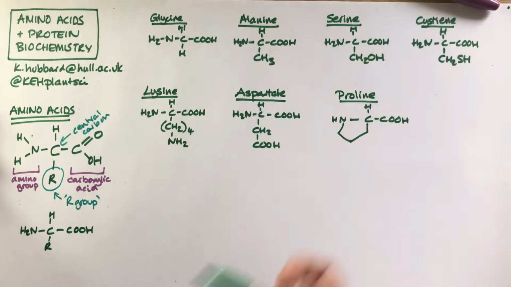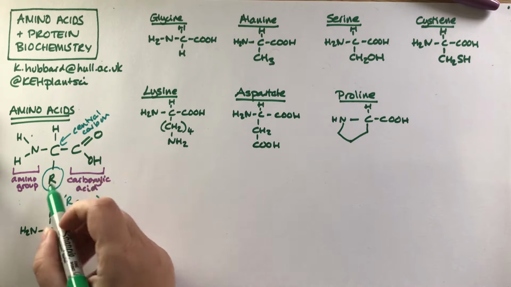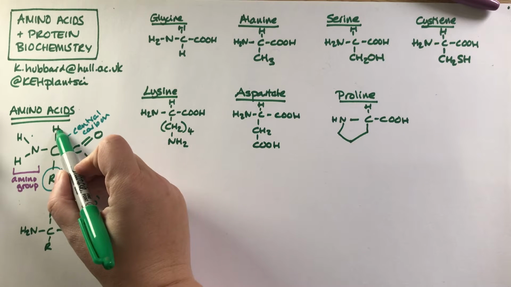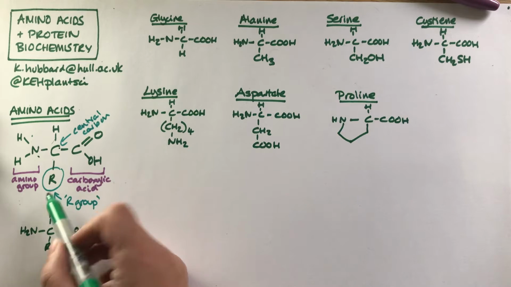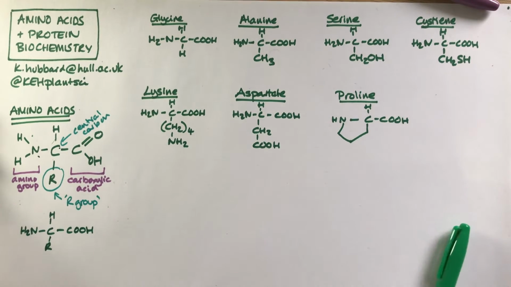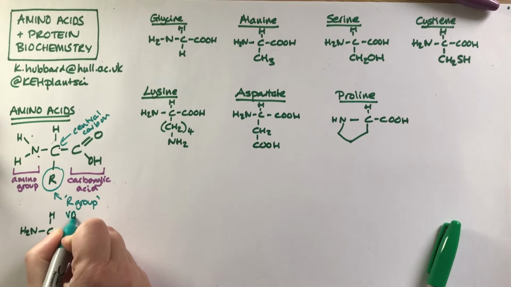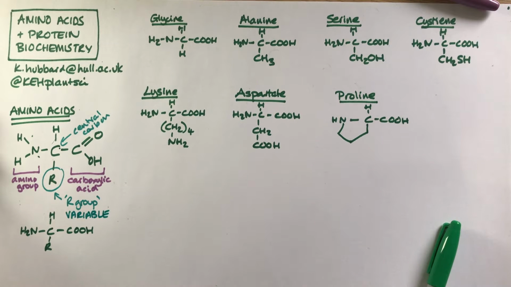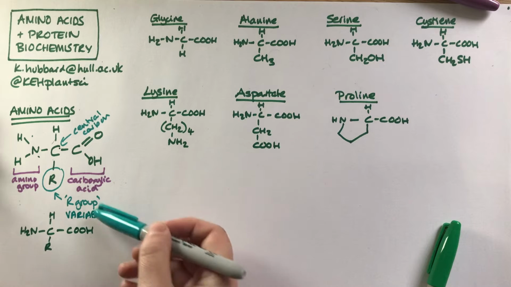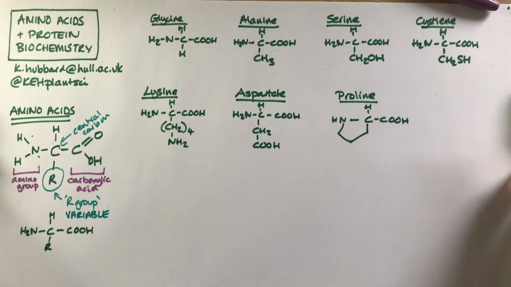Okay, so for our amino acids, of which there are 21, slightly depends on your definition of which ones are used biologically, but for all of them, we've got central carbon, we've got hydrogen, we've got an amino group, we've got a carboxylic acid group, and we've got the R group, which is the variable group. So each different named amino acid has a different chemical group on that R position there.